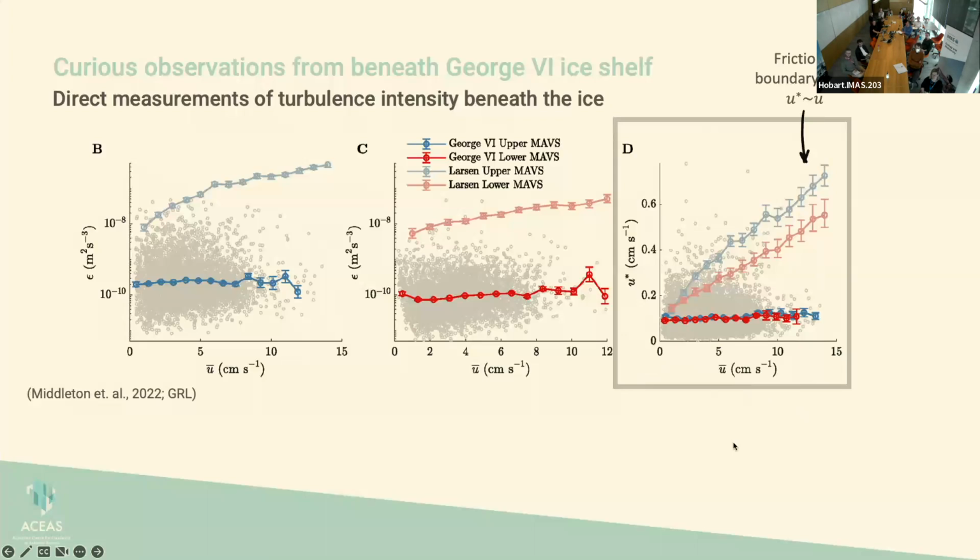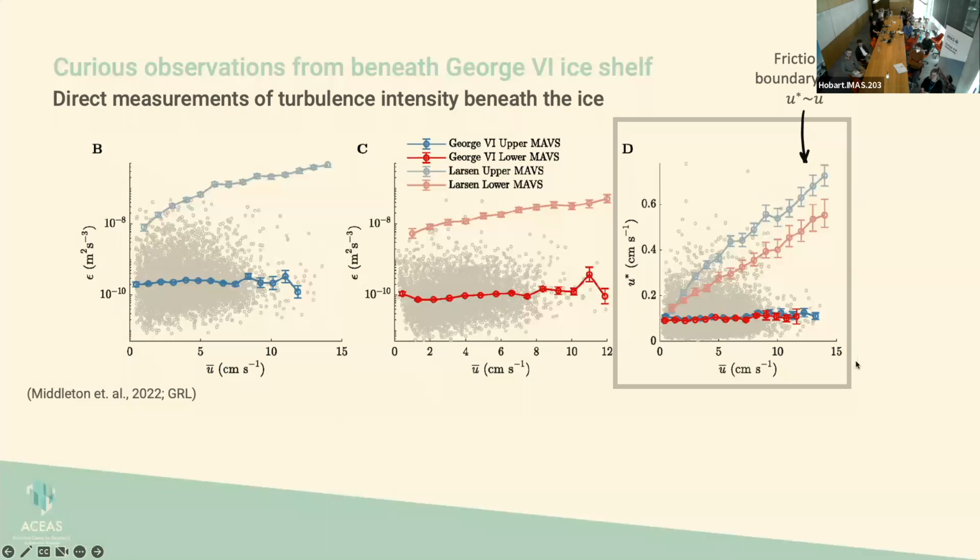So this is the mean flow on the bottom, and this is our turbulent velocity scale. And you can see, these paler lines are those Larsen C observations, and you get this kind of proportional relationship. But the observations that were presented in this paper about George VI show something completely different.